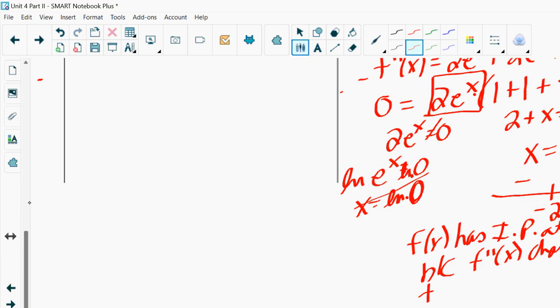And this would be concave down, this would be concave up. Yes? So concave down from -infinity to -2 because f double prime of x is less than 0. And I can say concave up from -2 to infinity because f double prime of x is greater than 0.